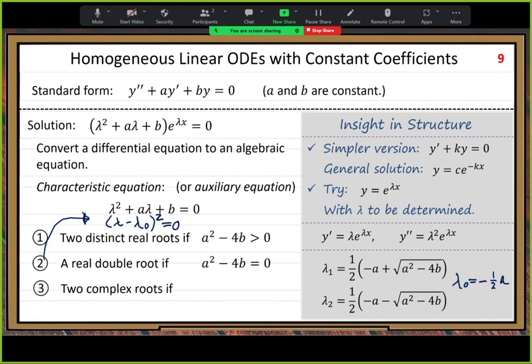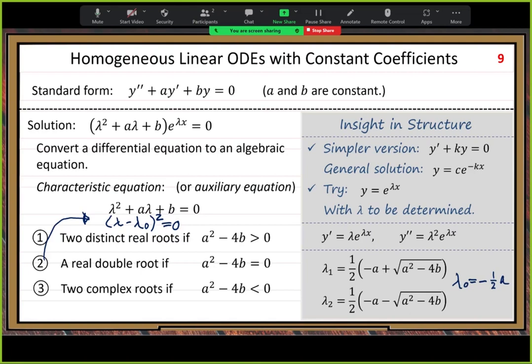Case number 3, two complex roots, if a squared minus 4b is less than 0. What is the special term for this expression? Do you remember?